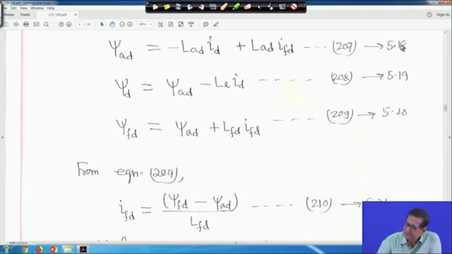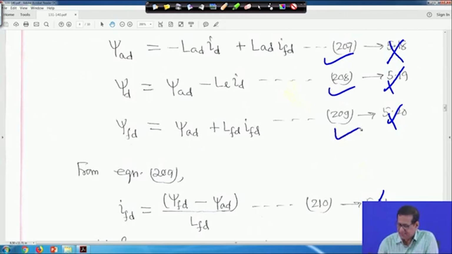So this is for my own reference: 207, 208, 209. From equation 209 you can write IFD is equal to (psi FD minus psi AD) upon LFD, this is equation 210.